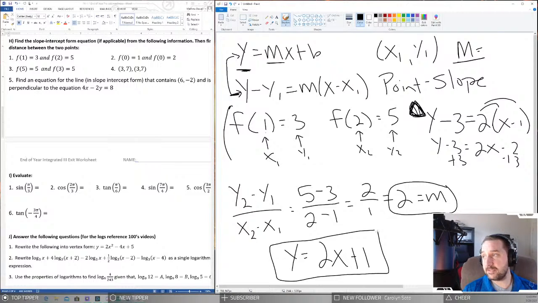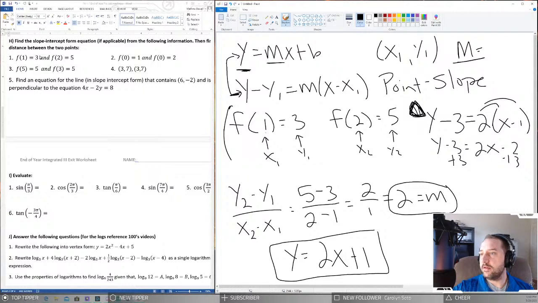But you're more than happy to, I think in Integrated 1, just plug in the values for x and y and get your b. That's fine in this instance. But just know, working towards us being comfortable with the point slope and stuff, that's something that we practice in Precalc. That's why I call this the Precalc readiness.